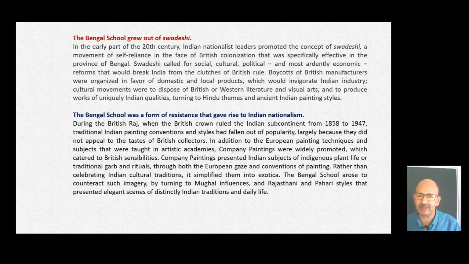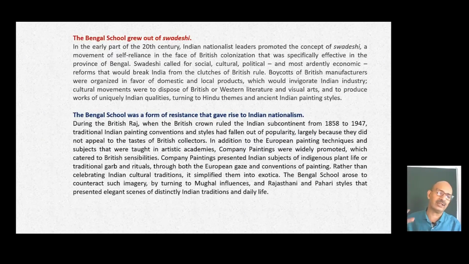So in the early part of the 20th century, Indian nationalist leaders promoted the concept of Swadeshi, a movement of self-reliance in the face of British colonization that was specifically effective in the province of Bengal. And Swadeshi called for cultural, social, political, and most ardently economic reforms that would break India from the clutches of the British rule, to boycott British manufacturers and organize in favor of domestic and local products.